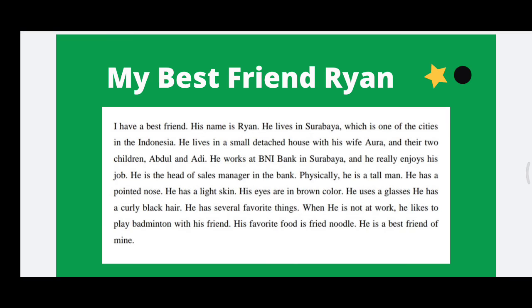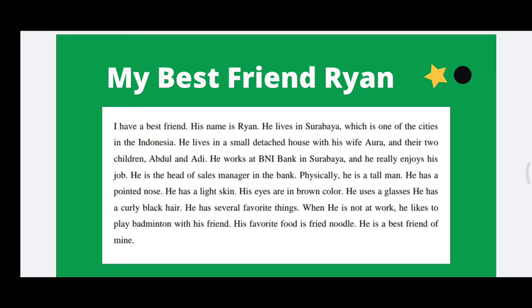In this context, we can see that the introduction is located in the very first sentence. So I have a best friend. His name is Ryan. And after that, it goes to the detail, such as where does Ryan live? In Surabaya. And also it mentions that Surabaya is precisely located in Indonesia.